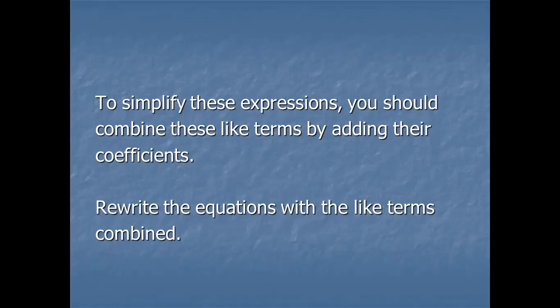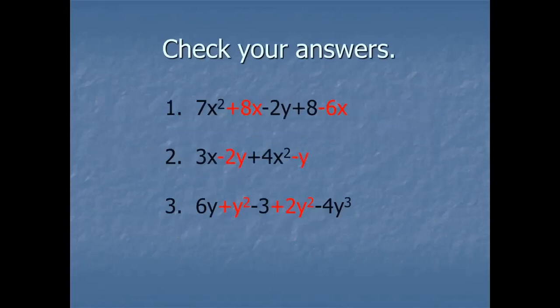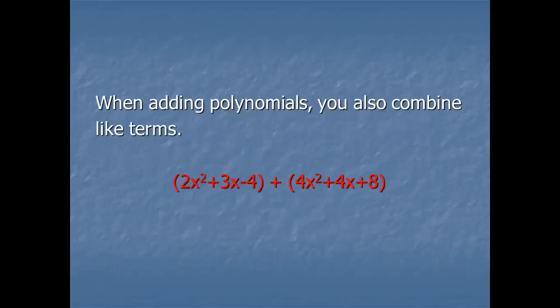Then rewrite the expression with like terms combined, and arrange it in descending order according to the degree. So the biggest degree, the biggest power, next, second biggest, next, third biggest. So descending order from biggest to lowest degree. When adding polynomials, we only combine like terms.